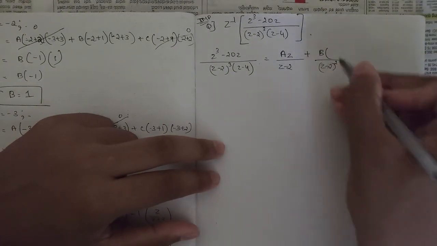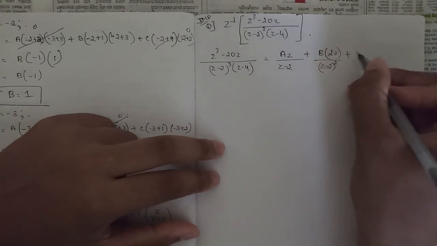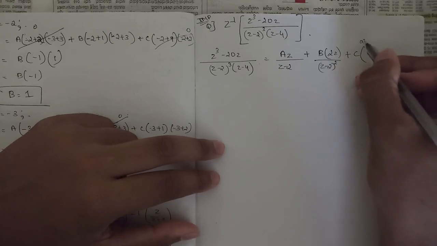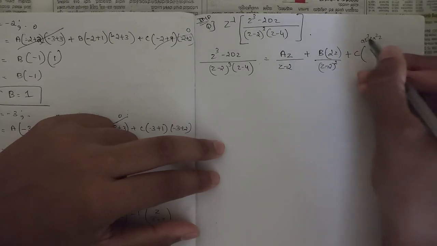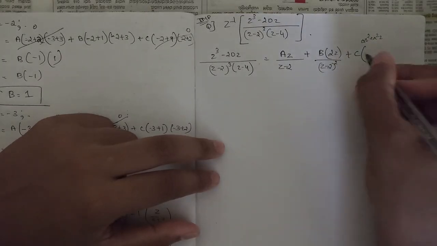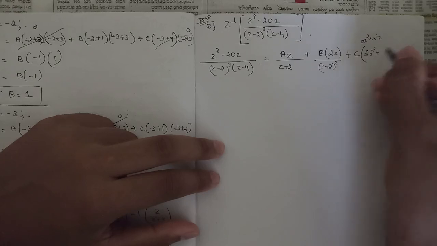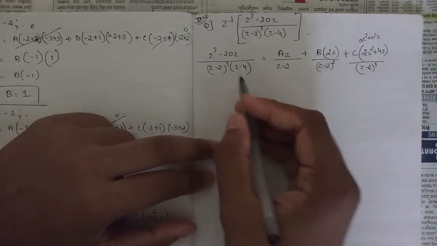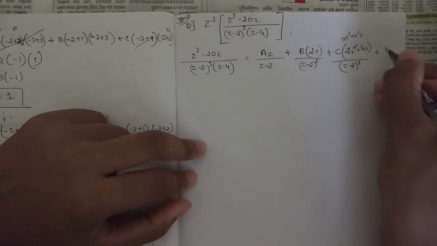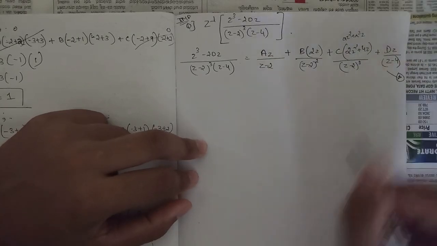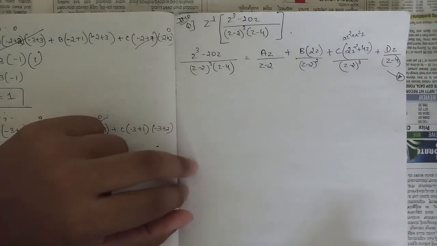So the value of a here is 2, so 2z plus c into, again for the cube term, we need to multiply it by az square plus a square z. So by substituting we get it as 2z square plus 2 square z, that is 4z divided by z minus 2 whole cube. So there is one more term, that is z minus 4, that we can write directly, dz divided by z minus 4. So name this as equation star.